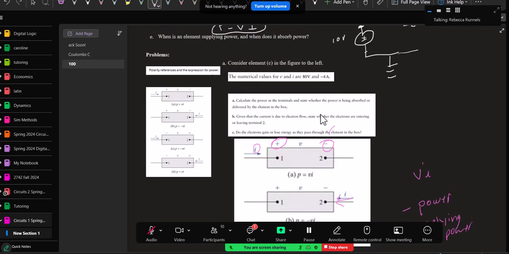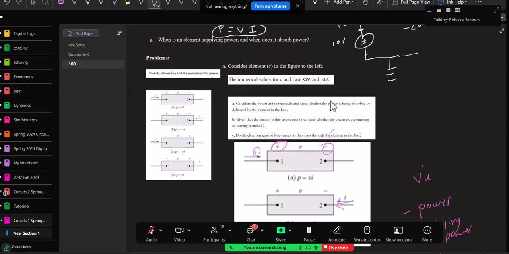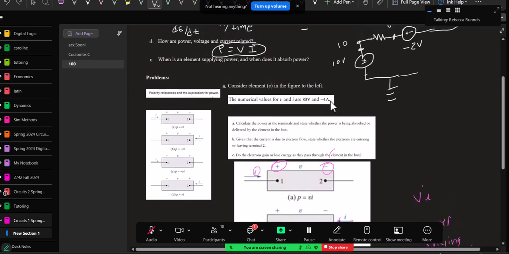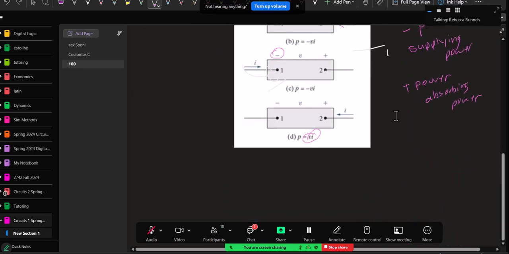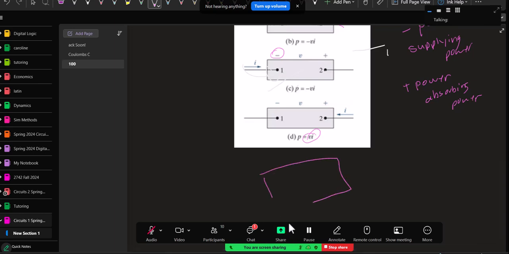It says, given that the current is due to electron flow, calculate the power at the terminal. The numerical values for V and I are 80 volts and negative 4 amps, and we're supposed to use figure C. So V is given as 80 volts.